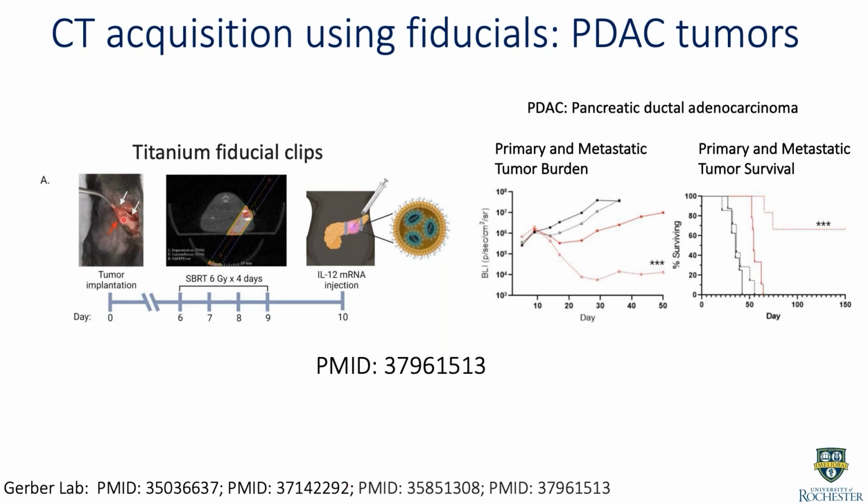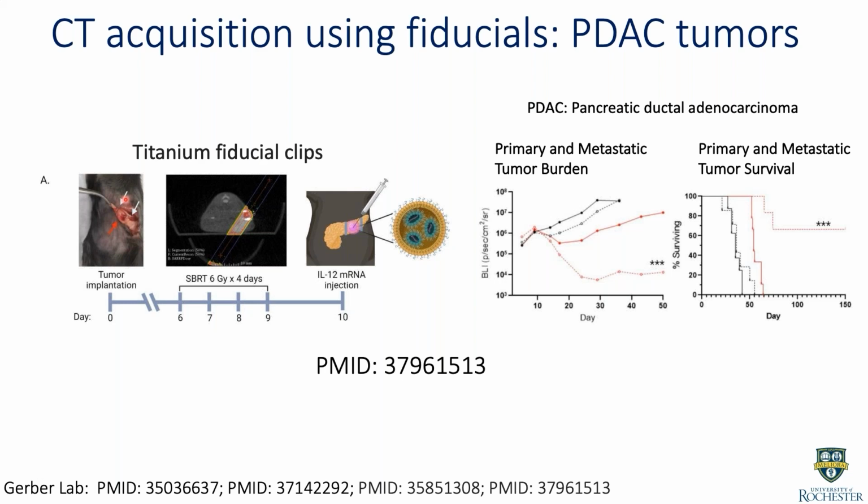So in this illustration here, we can see the setting up of the tumor, where pancreatic tumor cells are injected into a mouse and they're luciferase tagged so they can be detected to look at tumor growth. And they're injected here, and we can see by the white arrows 2 titanium fiducial clips that flank the location of the tumor to allow SBRT targeting.